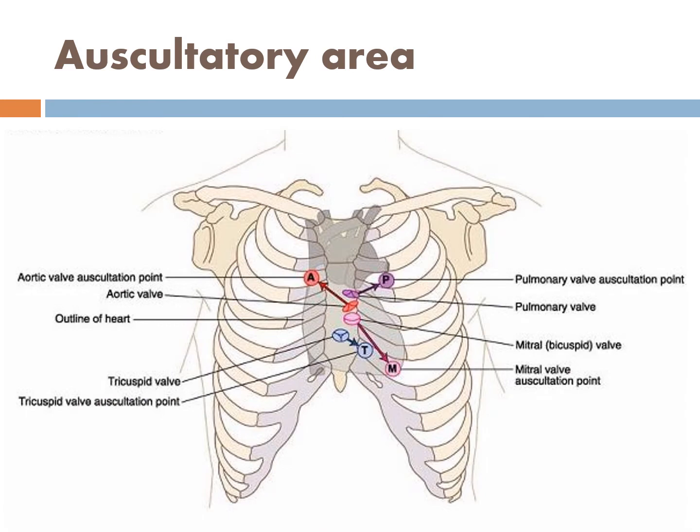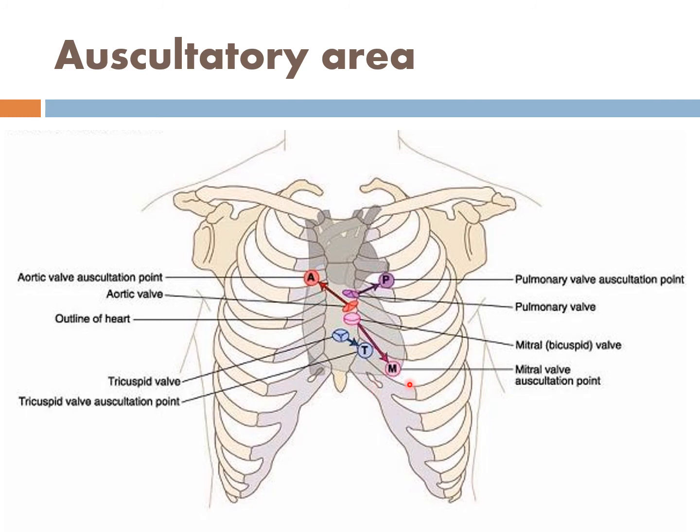Now the auscultatory areas. Here you can auscultate the sound. The mitral valve you can auscultate at the fifth intercostal space, laterally to the mid clavicular line.